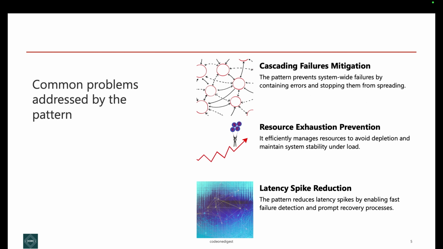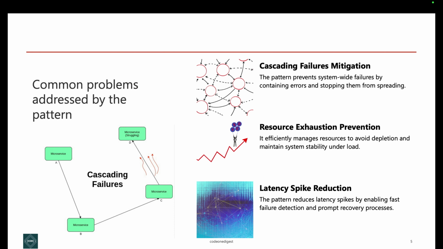The common problems addressed by this pattern are cascading failure mitigation, resource exhaustion prevention, and latency spike detection. Let's understand all of this. As I explained, if one service goes down, the calling service experiences a failure and starts retrying.